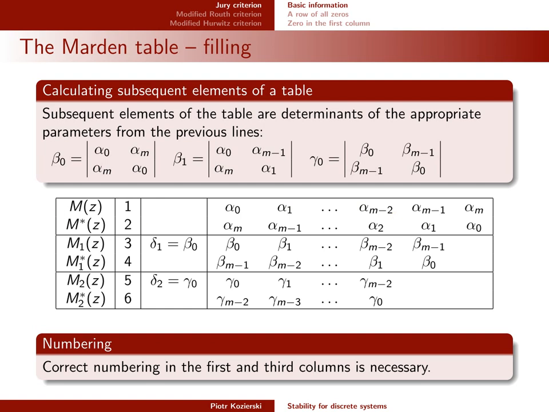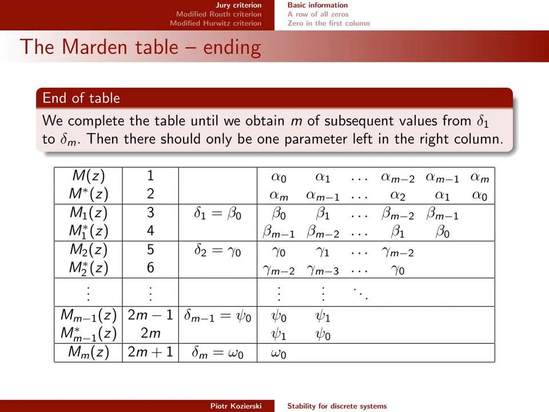And we always use the last two rows for calculations. As a result of the calculations, each subsequent pair of rows has one parameter less. We repeat calculations until there is one element left in the fourth column, and this should be for delta m, where m is the system order.